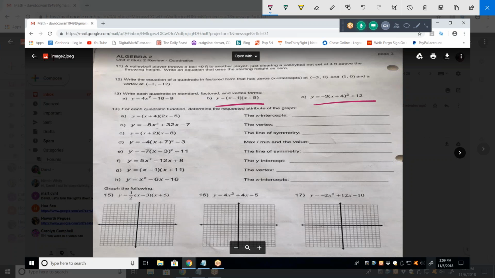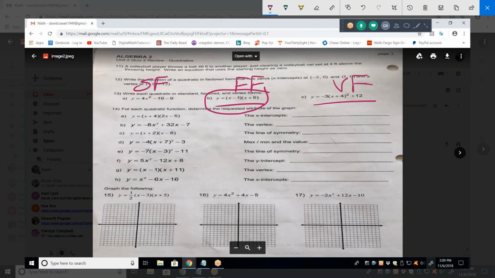Okay, so that one was in standard. That one we'll call factored format. And this one is vertex format. Notice that if I wanted to get that in standard format, I would just multiply them together. And then I would have it in standard format. If I wanted to get it into vertex format, I would multiply them together and then complete the square.